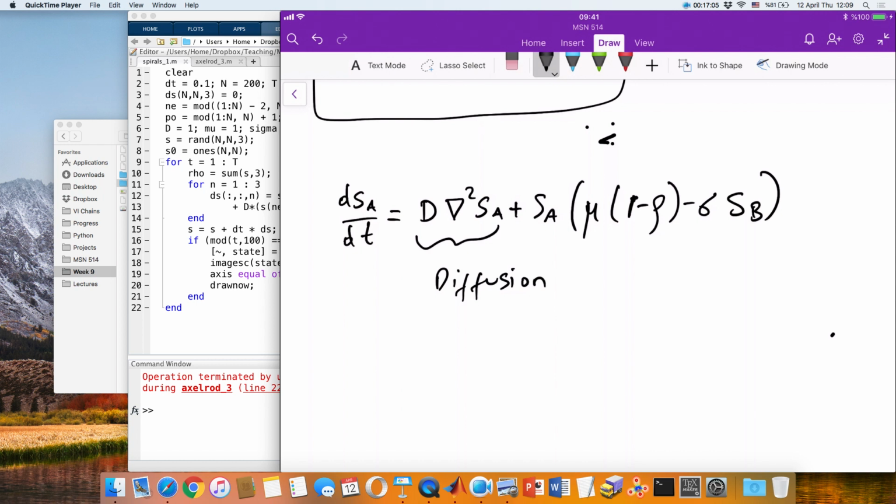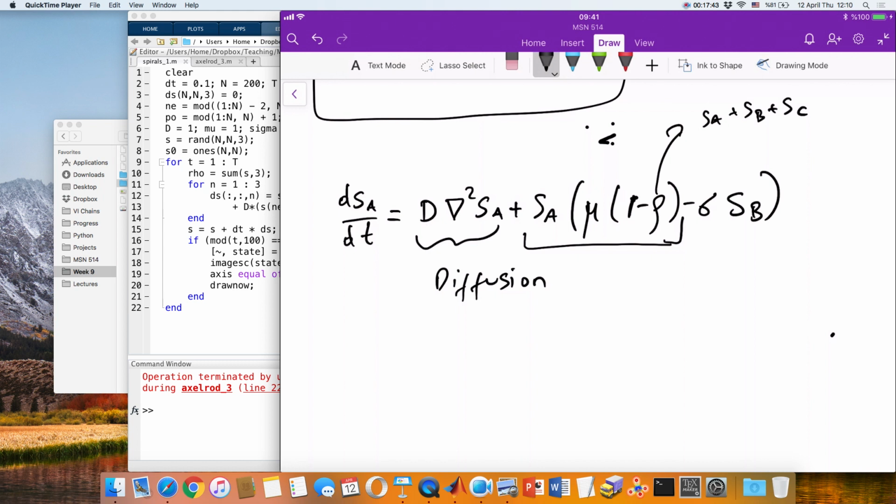Okay. Are you following? This rho is SA plus SB plus SC at any point. So it's the total density. And what this term gives you, if you multiply it with SA, you will have reproduction, exactly. So you can see that it's plus SA, so it will increase the number of SA proportional to the number of SA. So it's a reproduction.